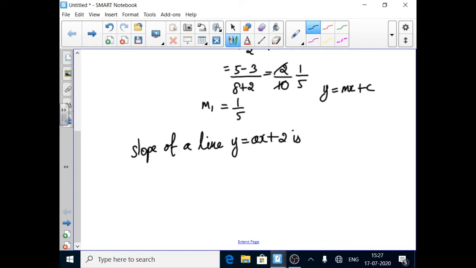This is the formula. Okay, so here we just compare these two. y = ax + 2 and y = mx + c. So the value of m here, which one are we having? A. So for y = ax + 2, the slope of the line, that is m2, is a. Okay, so m2 is equal to a.